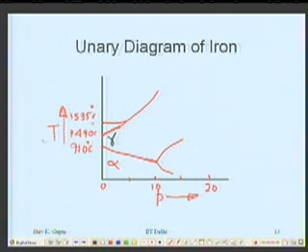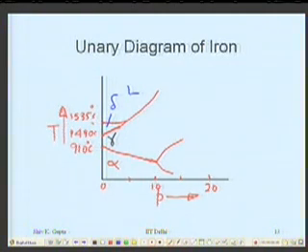Then again at that temperature, it becomes BCC iron, which we call again delta iron. So up to the melting point, it remains delta iron. At the melting point, after that, it is all liquid.